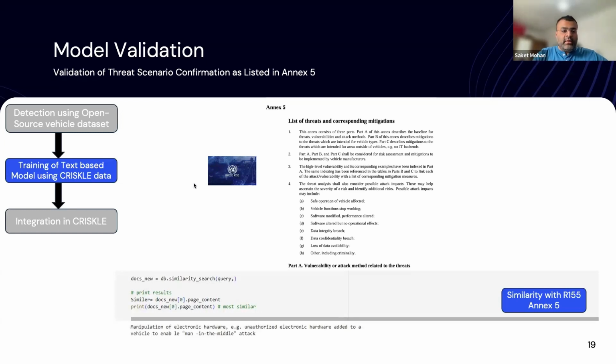Again, this is encouraging. If generative AI algorithms have to be implemented for threat modeling, one thing from our experience is model validation. It has to stay as close to the regulation or the standards document, and this is one of the ways to bring it closer.